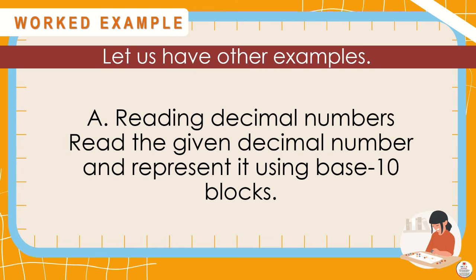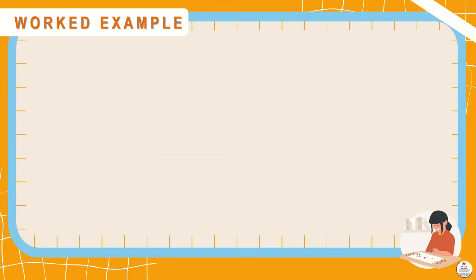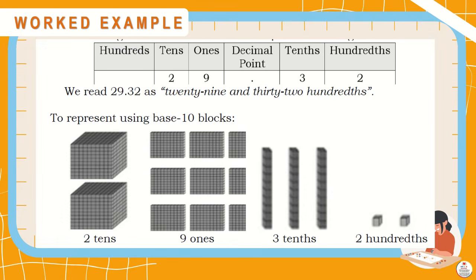Let us have other examples. Reading decimal numbers. Read the given decimal number and represent it using base 10 blocks. We read 29.32 as 29 and 32 hundredths. To represent using base 10 blocks, we have 2 tens, 9 ones, 3 tenths, and 2 hundredths.